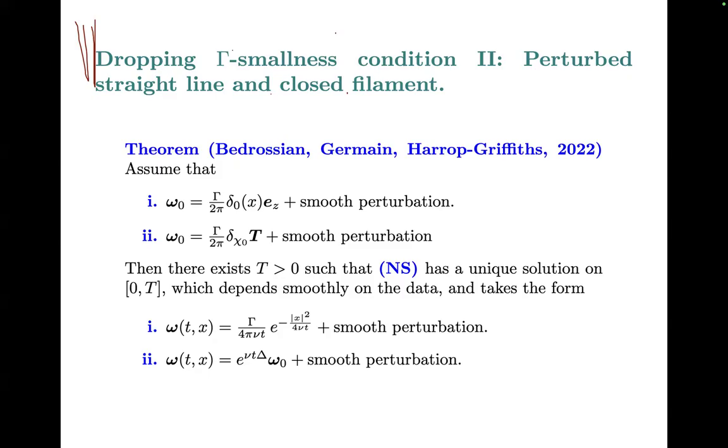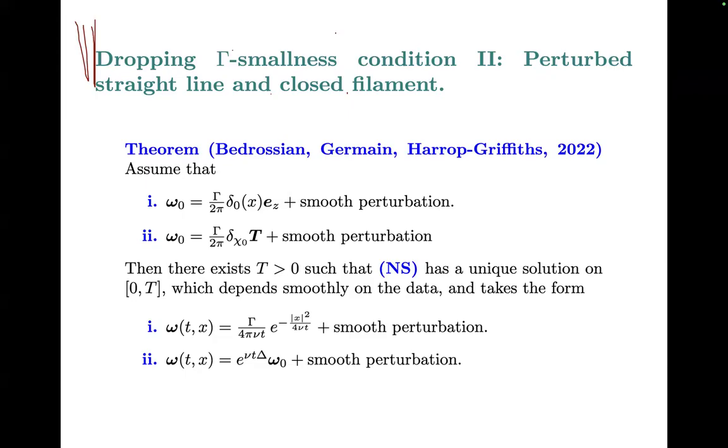And you do a smooth perturbation, right? But in 3D, not in 2D, in 3D. So this is a 3D perturbation. And the second one is that you take a closed curve, like the one I was describing at the beginning, which is nice, with no self-intersections. Gamma is any size. And then you do a smooth perturbation.